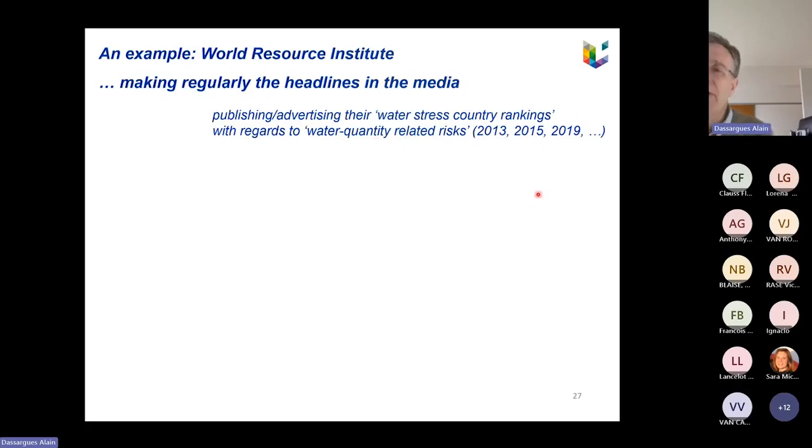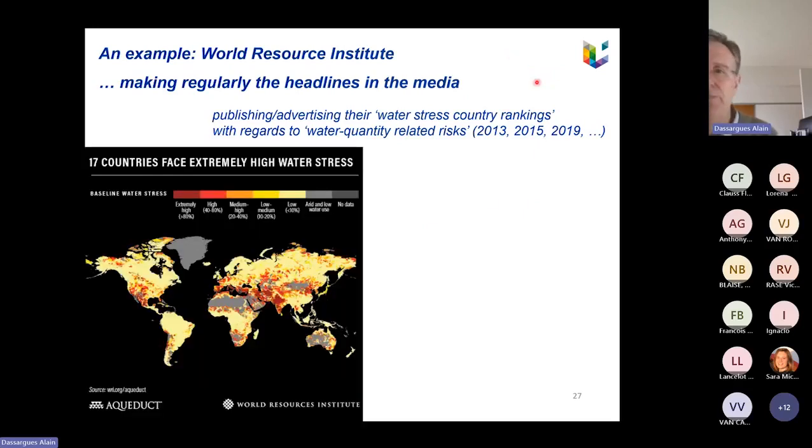And each time they are making the headlines in the media, and at the end they are in fact publishing very nice maps like that. So you can see in red the extremely high water stress countries or regions, and globally, well, it seems relatively logical with regards to what we know about arid zones or semi-arid zones.